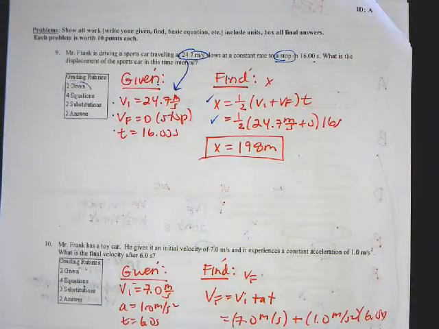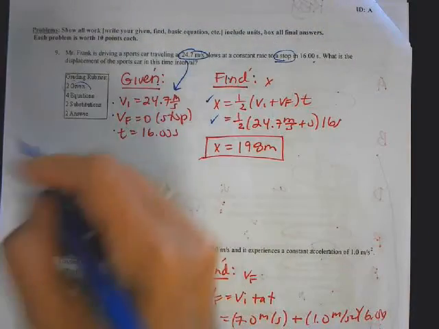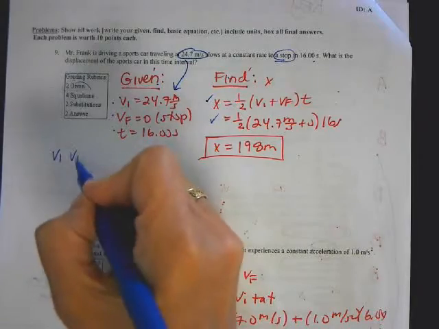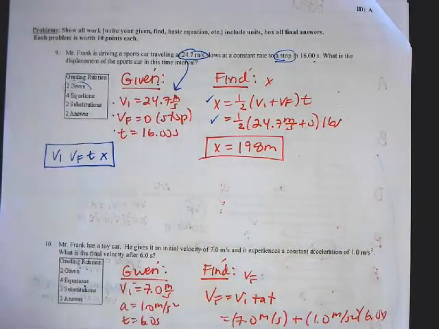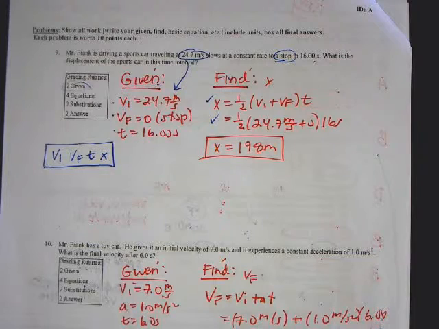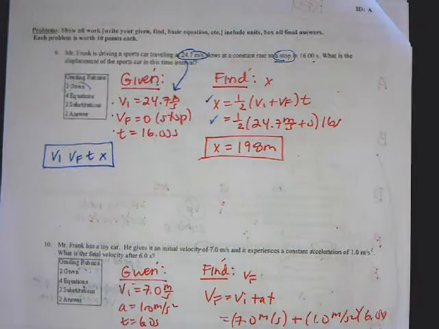Remember that displacement is x. So my variables are VI, VF, t, and x. Now I'm going to say to myself which equation has those 4 variables. The problem was people missed this because they didn't know the equations. That's something you need to do. You need to know the equations for the test.